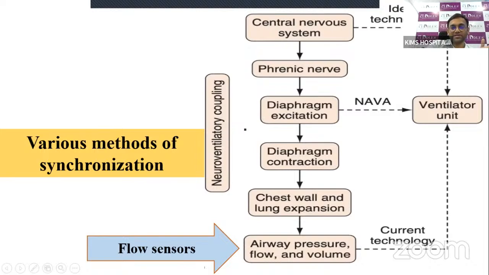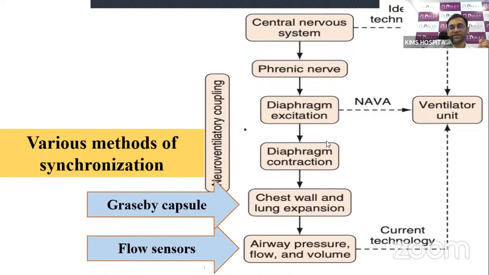Based upon the pressure changes or the flow at the level of the flow sensors, the ventilator detects that the baby wants to breathe and gives the breath. A bit higher, we can use Graseby capsules, which detect the chest wall and lung expansion, and the impulse is transmitted to the ventilator, which then delivers the breath.